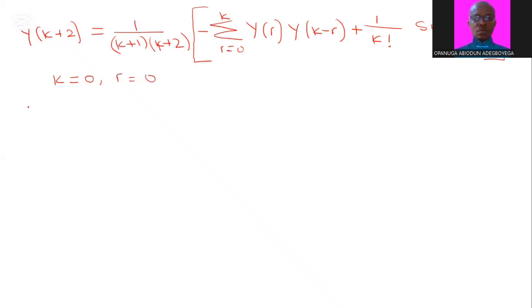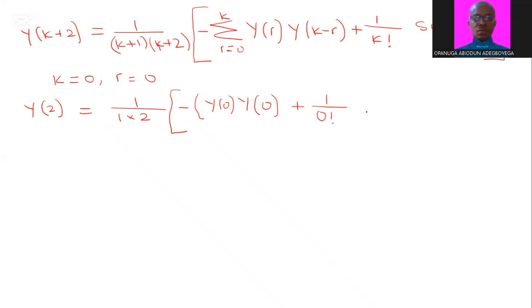Substituting that into this expression, we're going to have Y(2) equal to 1 over 1 times 2, into negative, brackets Y(0) Y(0 minus 0), which is Y(0), plus 1 over 0 factorial, which is 1, sine of 0 multiplying pi over 2, bracket closed.